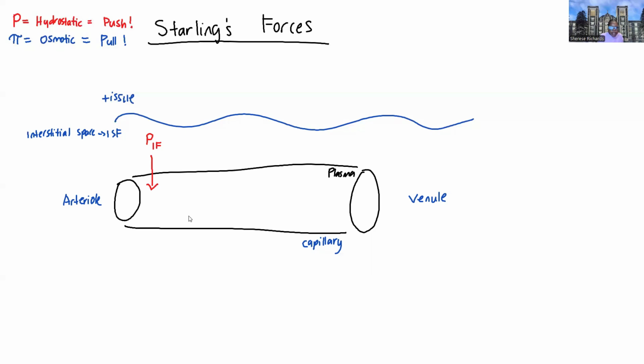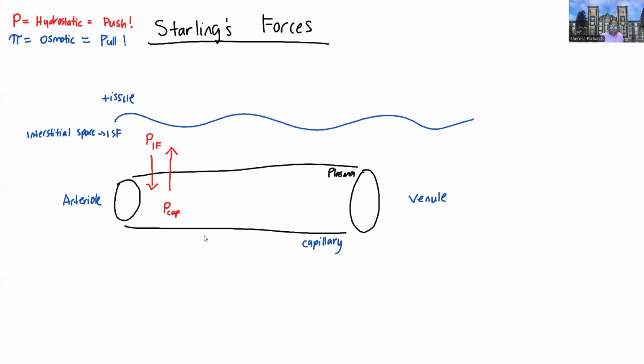In the capillary, in the plasma space, we have a hydrostatic force here as well. This is a large P representing hydrostatic, and then CAP representing the location of that force. This is a capillary hydrostatic pressure, and that is pushing in the opposite direction.